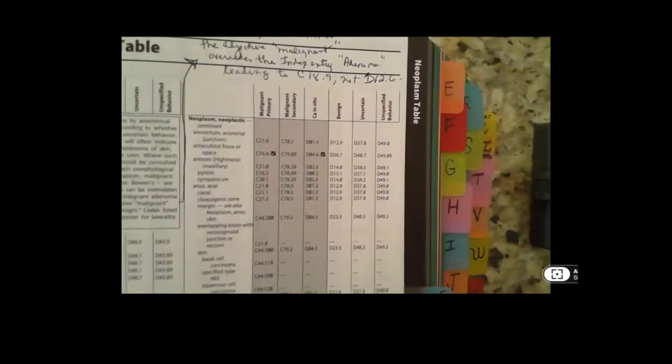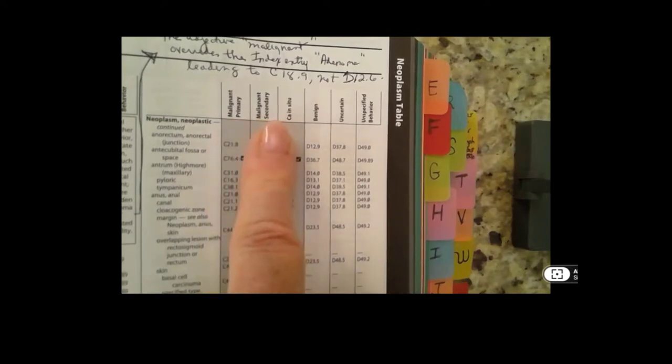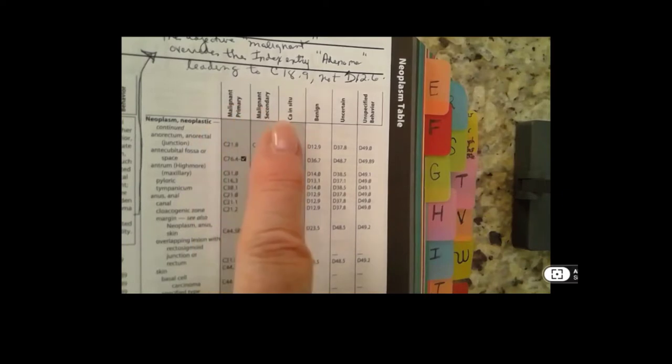Let me see if I can show you. See here how we have malignant primary. This is when the primary cancer is in a certain organ. Malignant secondary, this is when the cancer has metastasized from this organ to a secondary organ. Cancer in situ, which is a description that the doctor is going to be giving you.